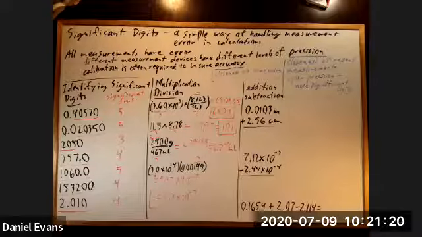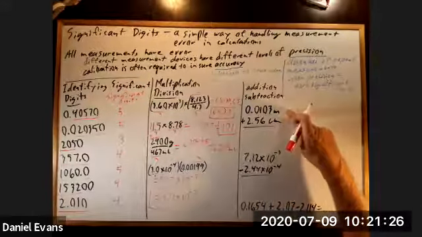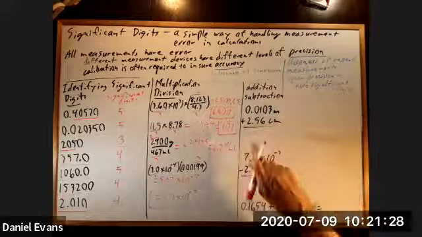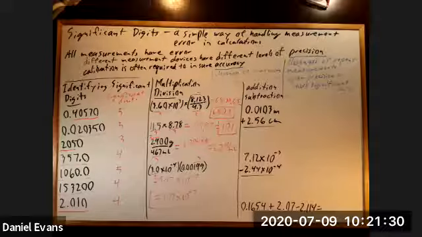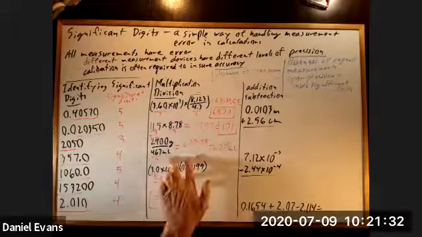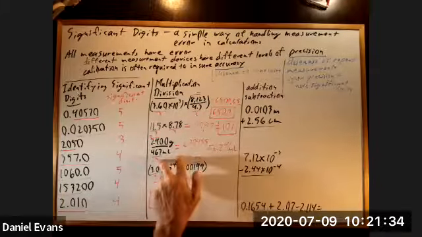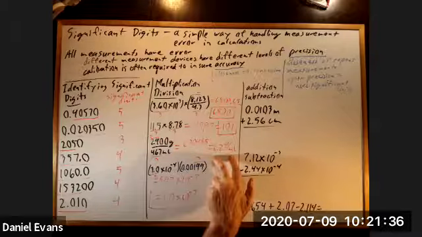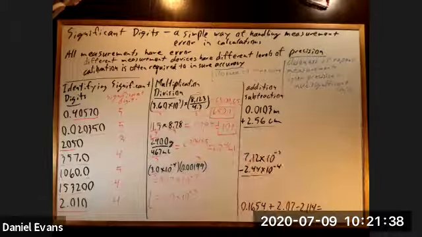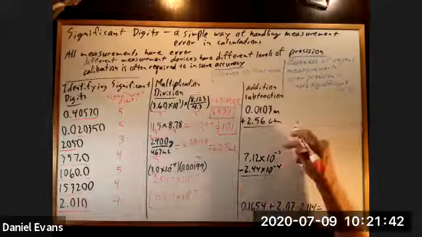So let's do addition and subtraction. And here we have 0.0103 meters plus 2.56 centimeters. Now, in multiplication and division, we multiply and divide the units. But in addition and subtraction, the units have to match first. So I'm going to convert this over to meters.